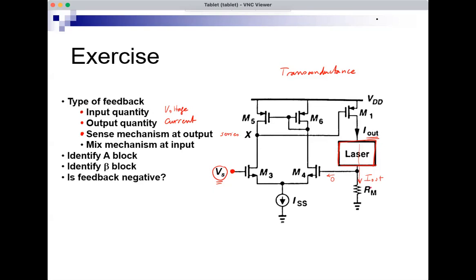And what does it produce? It should produce a feedback quantity here, which is a voltage, Vf. And it does, because when the I out current flows in RM, I get a voltage here, which is I out times RM. So RM is implementing the beta block. And so again, it's a very simple beta block.